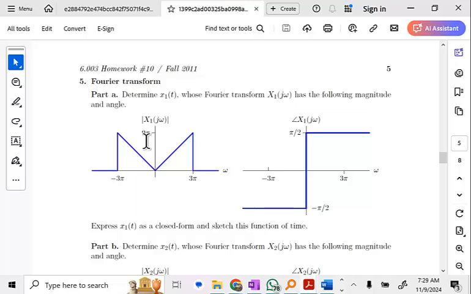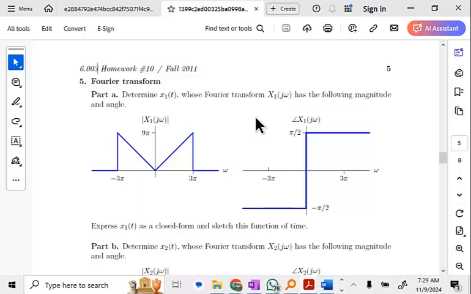Now this here, he kind of obscures the simplicity of this problem. Here he says determine x1 of t where the Fourier transform has the following magnitude and angle. Basically, you want to change the magnitude and angle back into a complex number. All right.